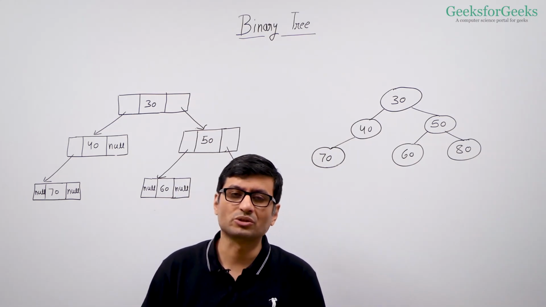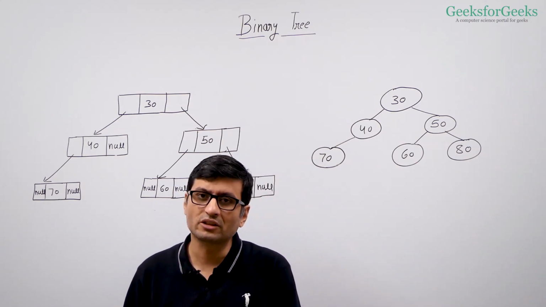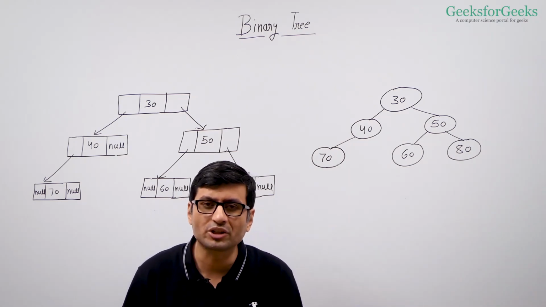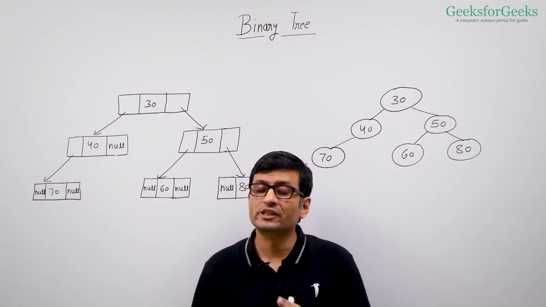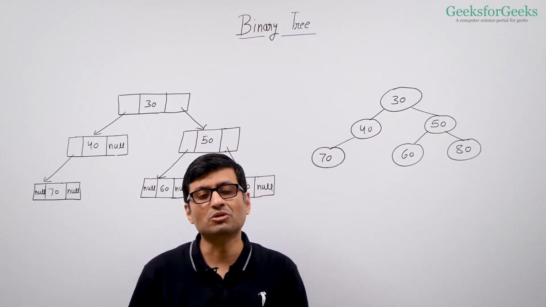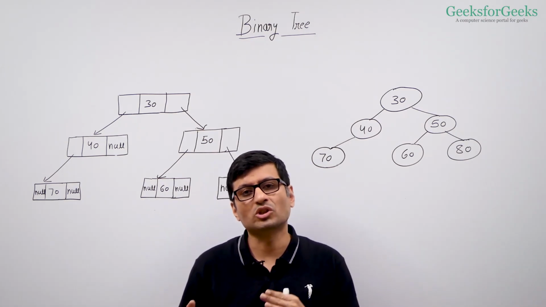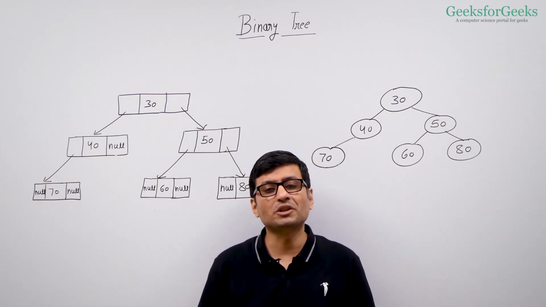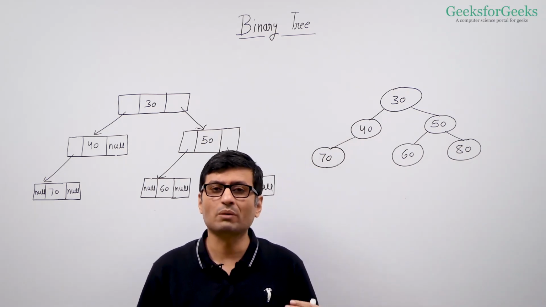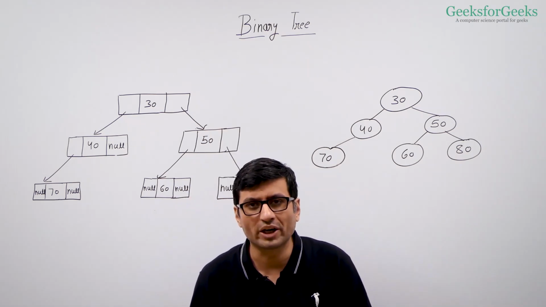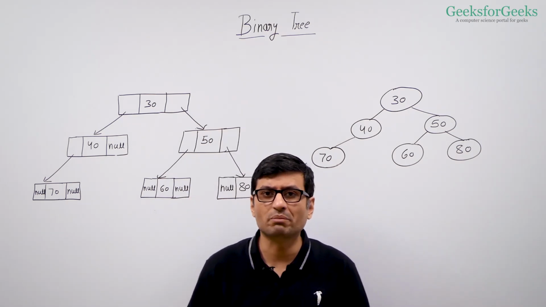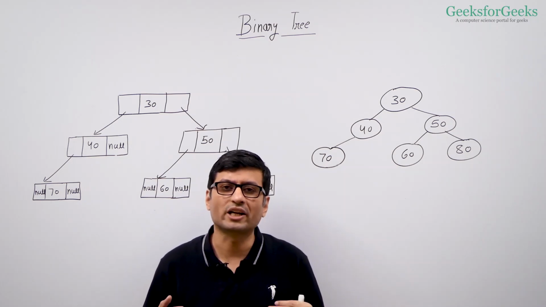Binary heap is also a popular tree data structure which is used to represent priority queues, and binary heap is also a binary tree data structure. Segment tree data structure, which is used for range queries, is also a binary tree. So most of the practically used and popular tree data structures are variations of binary trees. That is why we study binary tree most of the time in academics.